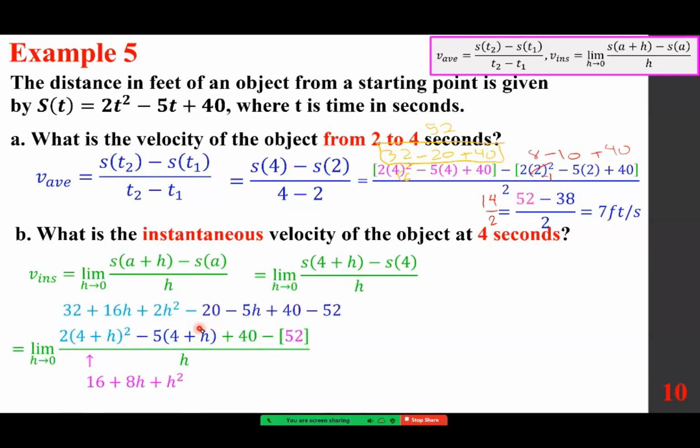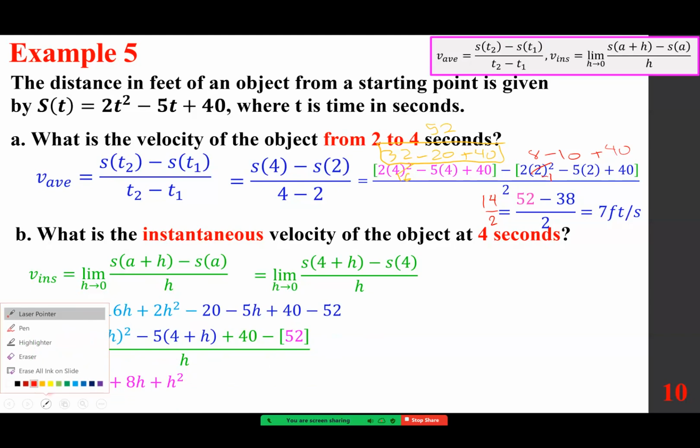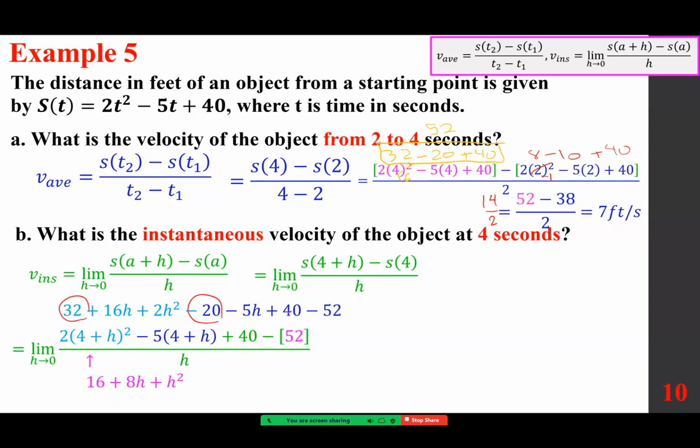Write the rest of it. So write the 40, write the 52. Okay. Now let's combine the numbers, everybody. Here's the numbers. 32 minus 20 plus 50 minus 52. I hope you see they add up to 0. All the numbers, they add up to 0.